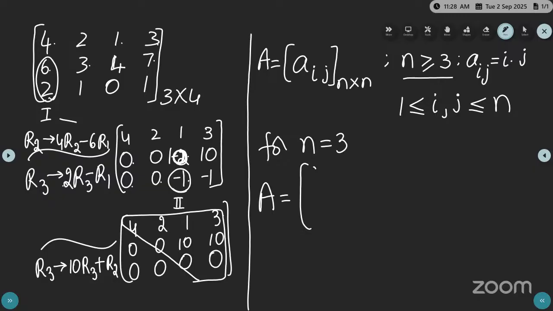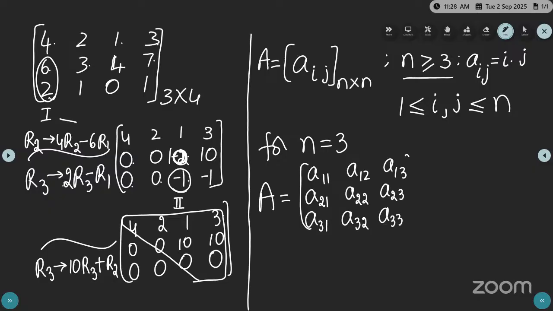Amma, A11, A12, A13. Next, A21, A22, A23. Next, A31, A32, A33.